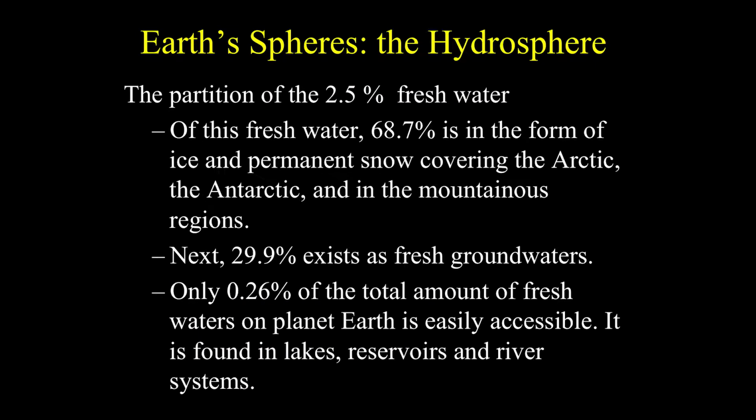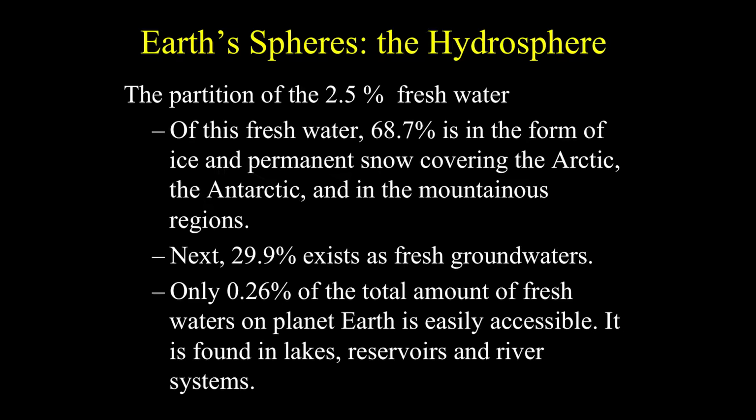Let's look at the partition of the 2.5% freshwater. Of this freshwater, 68.7% is in the form of ice and permanent snow covering in the Arctic, the Antarctic, and in the mountainous regions. Next, 29.9% exists as fresh groundwaters.